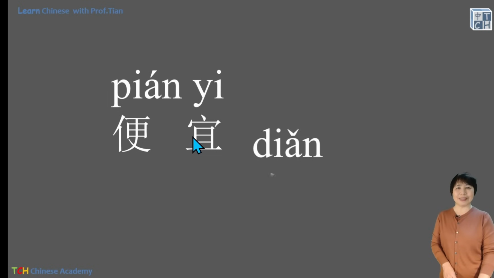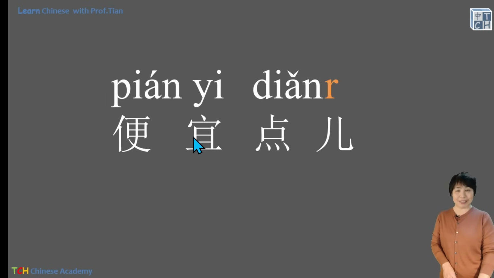And besides this, you can also say 便宜点儿. 便宜 means cheap, and 点儿 means a bit. This sound is the typical Chinese accent in the northern area. So 便宜 is cheap, and 点儿 is like adding an er there: cheaper.